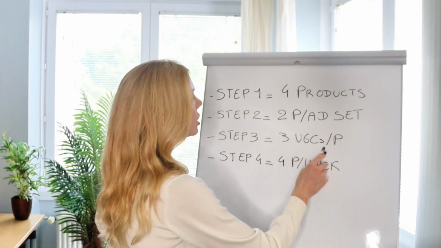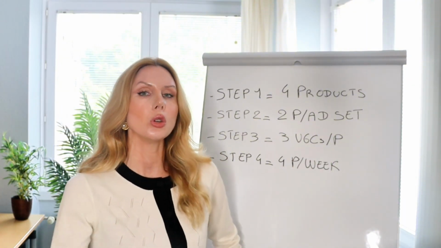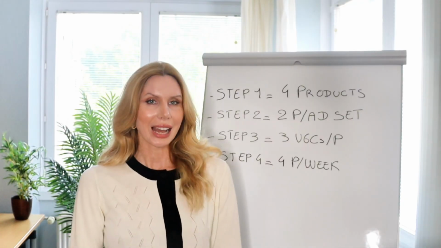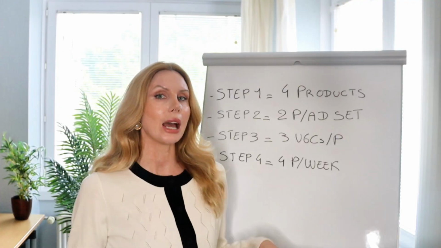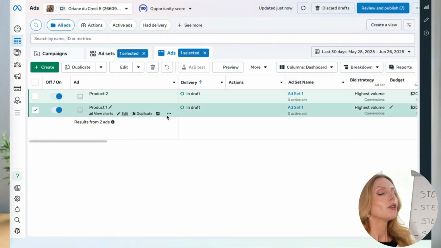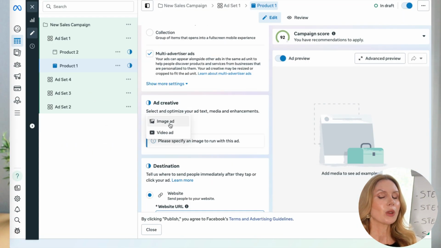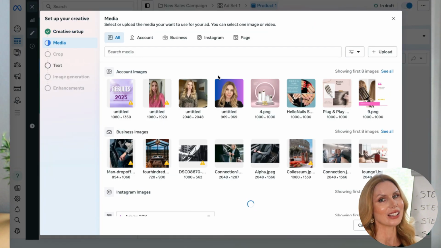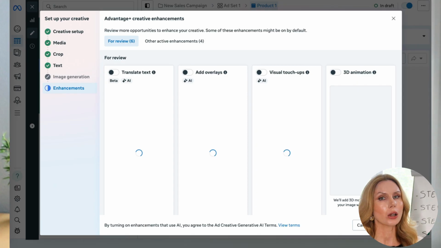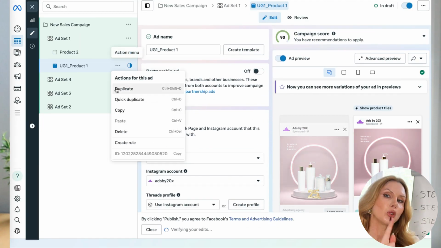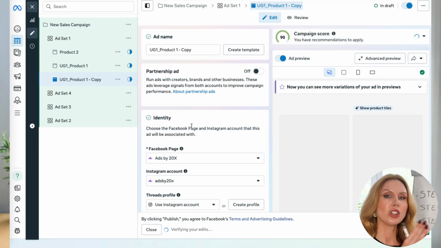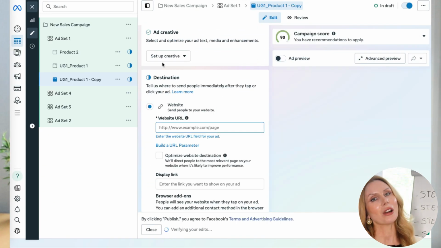So 3 UGCs per product, and the trick is to use 2 per ad set, per product. What you want to do is set up your ad set with 4 ads, and you have 2 products. So each product will have 2 ads: ad 1 for product 1 will be UGC 1, ad 2 for product 1 will be UGC 2, and same for product 2.